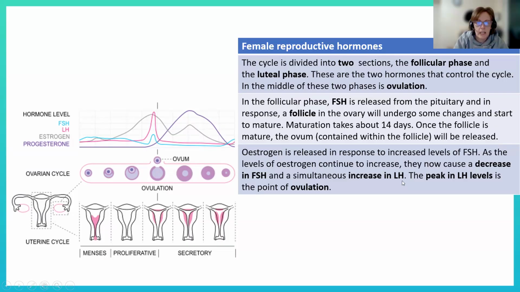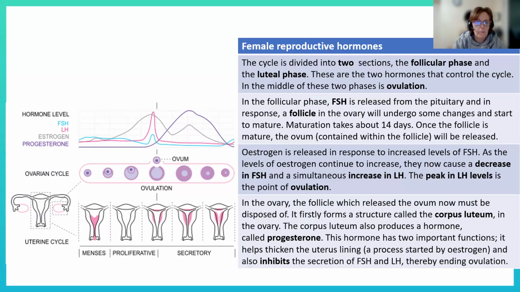The peak in luteinizing hormone, as we saw, the pink one, triggers ovulation. So all of these hormones are interacting in a quite complex way to get that egg matured, to get that egg released, and to get the uterus prepared for embedding that fertilized egg.